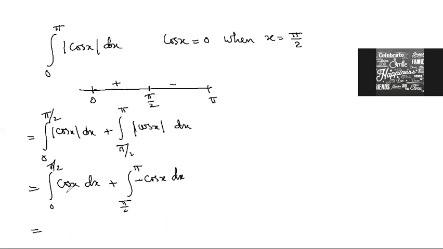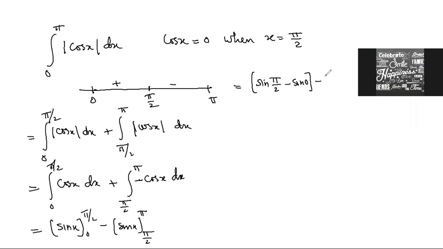Now you can integrate. What is the integral of cos x? Sin x from 0 to pi by 2, minus, I'm removing it outside, sin x from pi by 2 to pi. So my answer became sin pi by 2 minus sin 0 minus sin pi minus sin pi by 2.